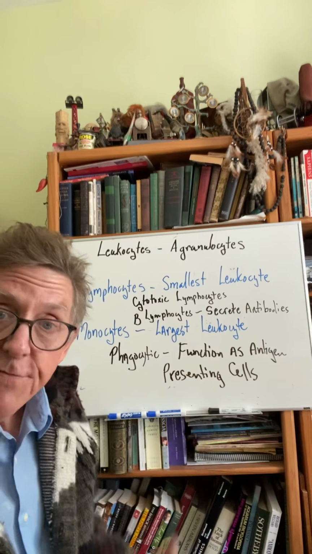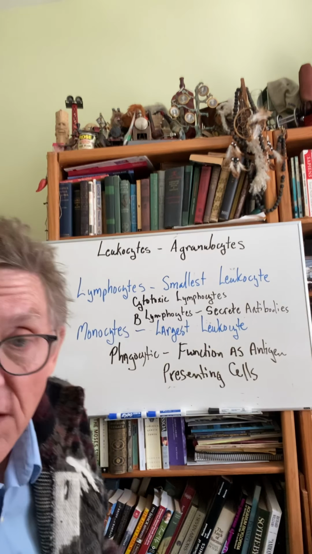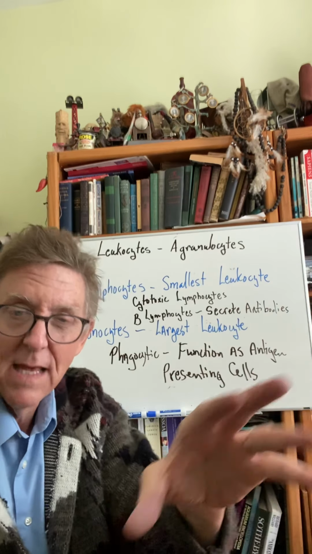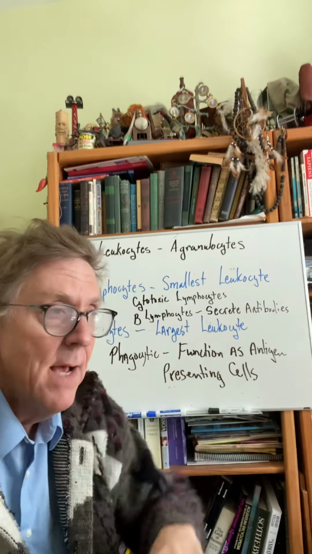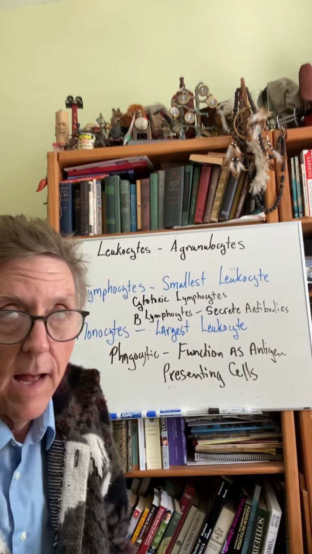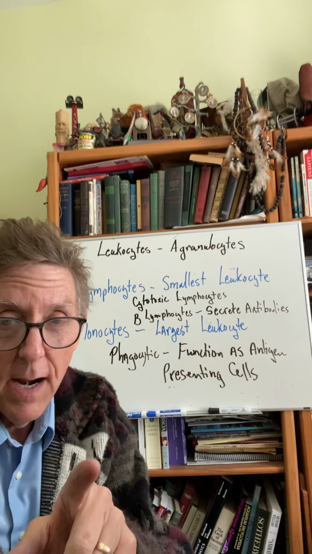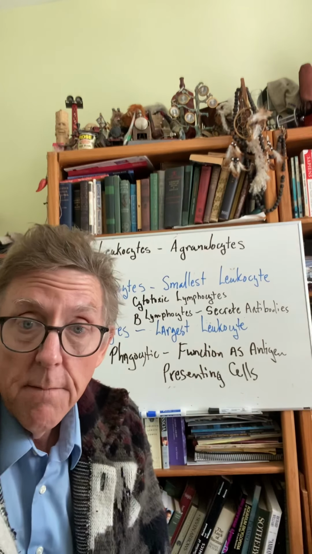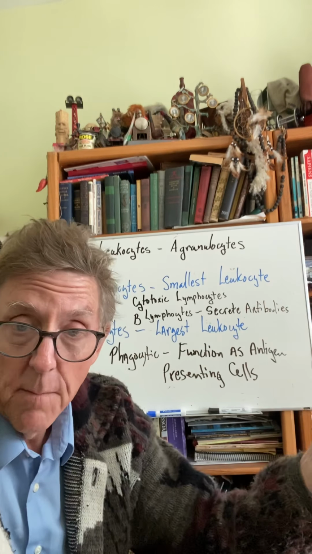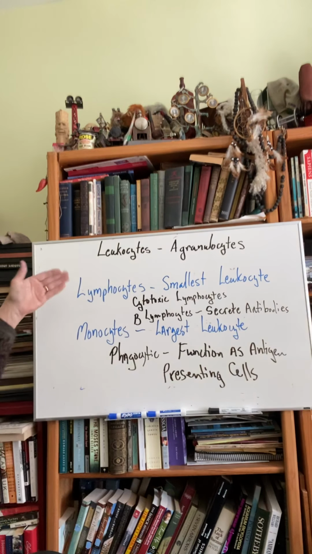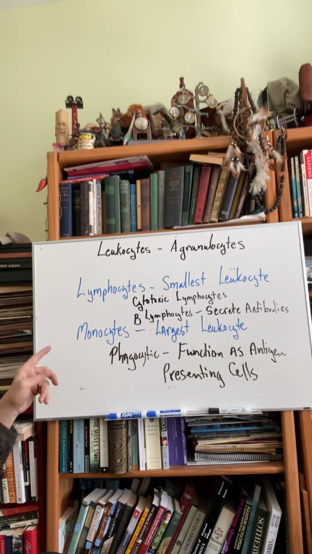After the B lymphocyte is activated, it becomes another kind of cell called a plasma cell. The idea is it's derived from this B cell, and it's going to secrete a very specific antibody, the antibody that helps you fight off the disease. So that's the lymphocytes.